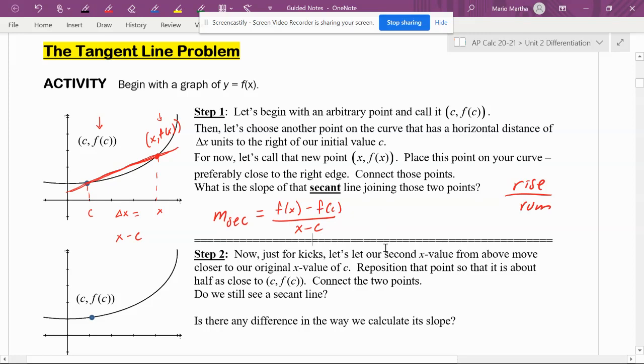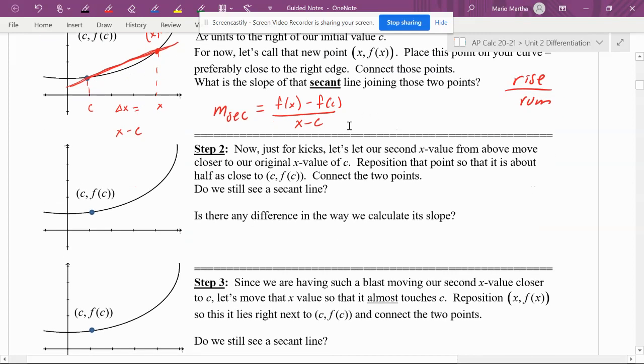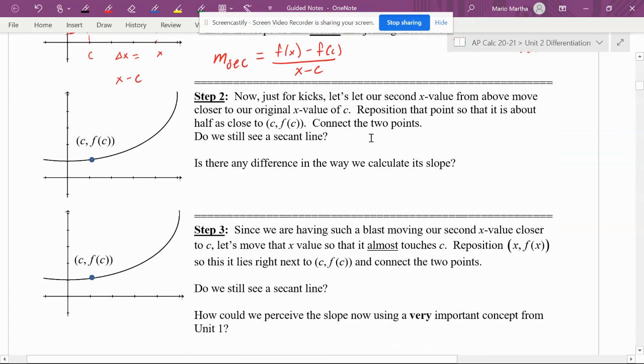In step 2, just for kicks, let's move our second x value from above closer to the original x value of c. Reposition the point so that it's about half as close to f of c, and then connect the 2 points. Do we still see a secant line?